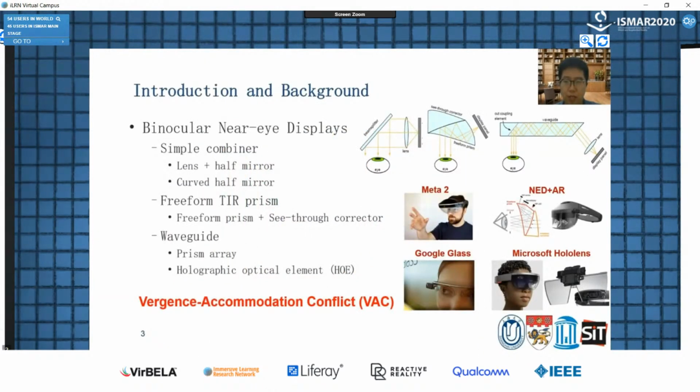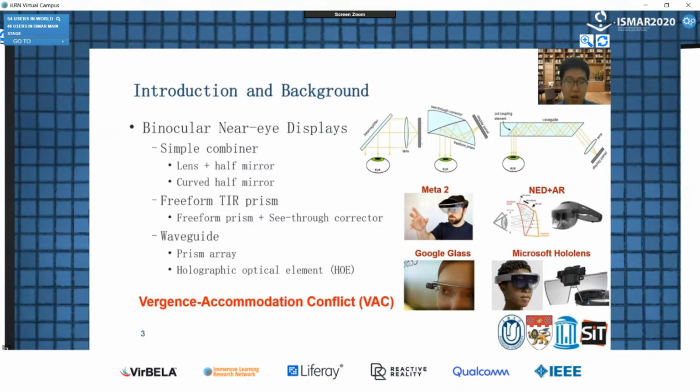Near-eye display is a critical key component for both VR and AR technologies, which can provide the user's eye with VR and AR images. For AR near-eye displays, different methods are proposed to observe both virtual and real images, such as the simple combiner, free-form TIR prism, and waveguide.